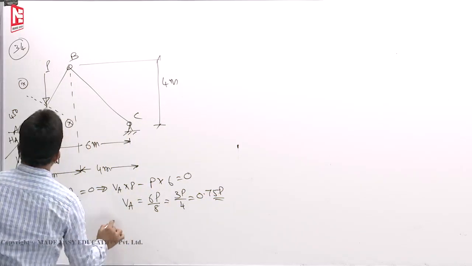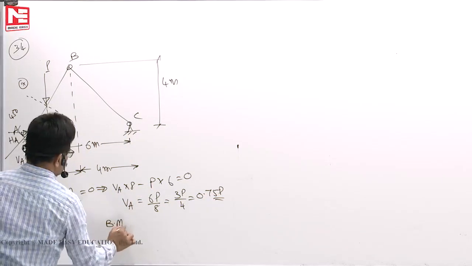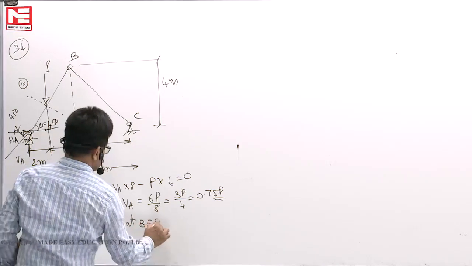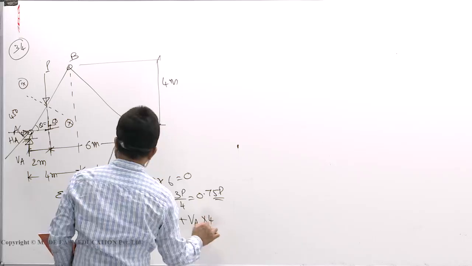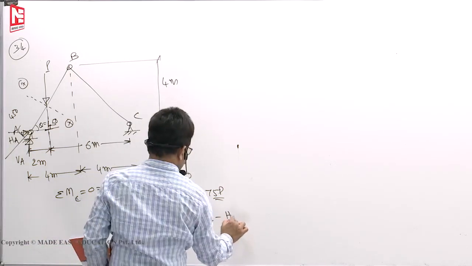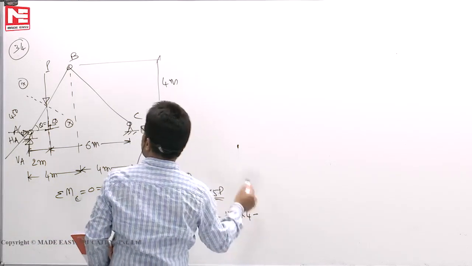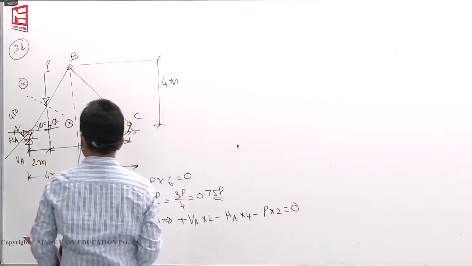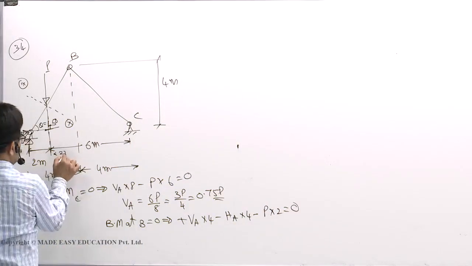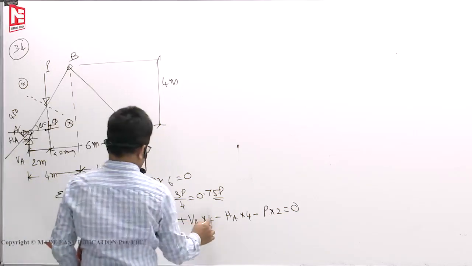Then HA, take bending moment at B is equal to 0. Plus VA into 4 minus HA into 4 minus P into 2 must be 0, because this remaining length is also 2 meters. So VA into 4.